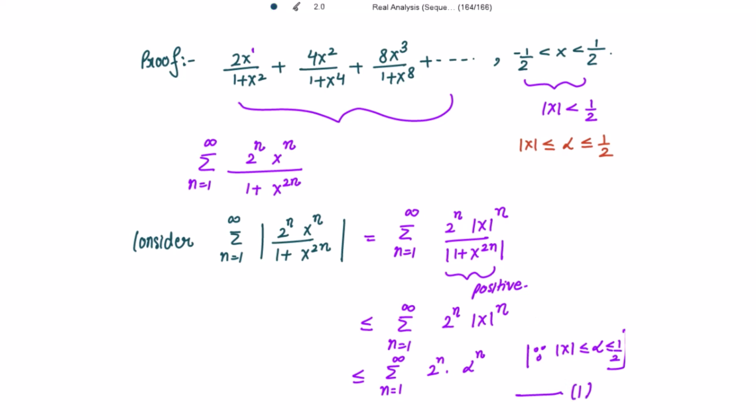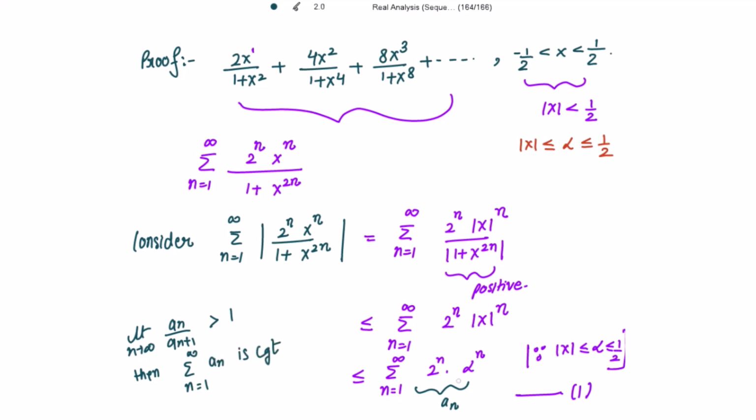To apply the Weierstrass M-Test, we need this series to be a convergent series. How can we get this series to be a convergent series? There is one more test, that is D'Alembert's test. So we can take the help of D'Alembert's test over here. What that test says is that if you consider this to be your an, then if limit n tends to infinity of an divided by an plus 1 comes out to be strictly greater than 1, then the summation n going from 1 to infinity of an is convergent.